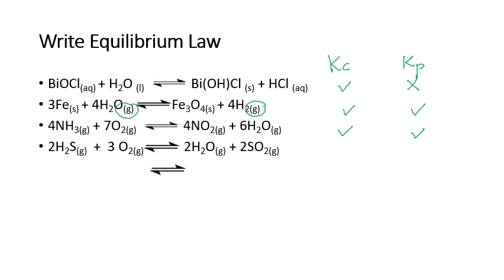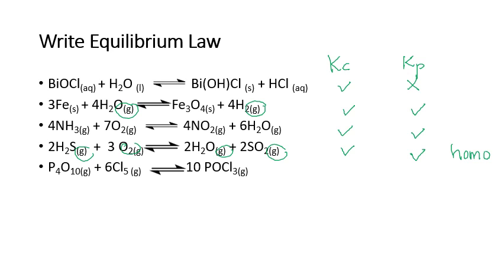For the fourth one, all are gases, so we consider we can write Kc and also Kp. So this one is homogeneous equilibrium. The last one also involves all gases, so we can write Kc, we can also write Kp, and this one is also homogeneous equilibrium.